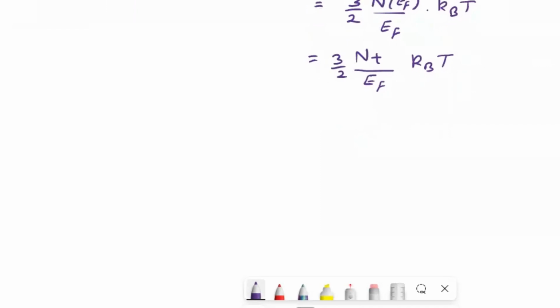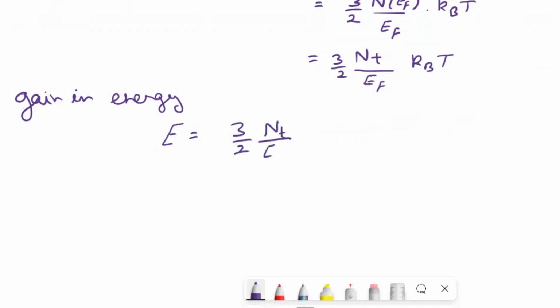Now the gain in energy because of this temperature will be the number of participating electrons, which was N kBT upon E_F, multiplied with 3/2 kBT, which was the kinetic energy.